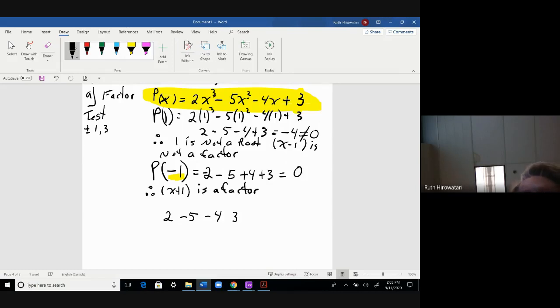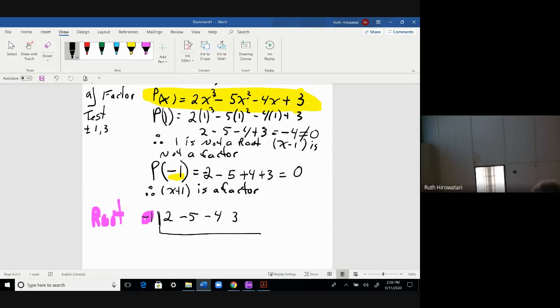If one of them were missing, you'd have to put a 0 in somewhere on this list. We're looking at testing the root -1, so we put the root here. This is the root of the equation, the place where it crosses the x-axis.